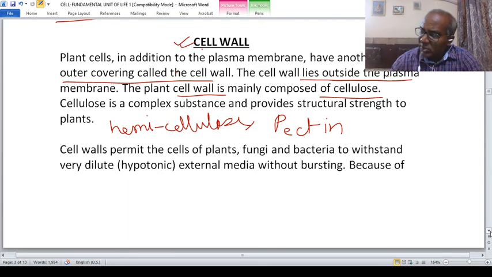Now this cellulose is a complex substance and this gives structural strength to the plant cell.